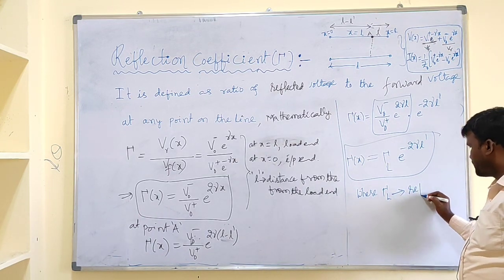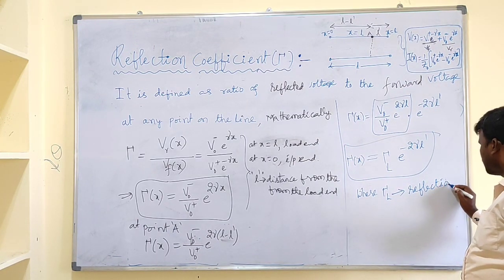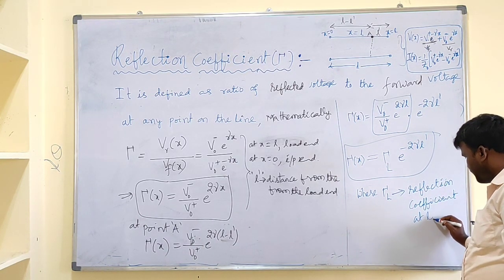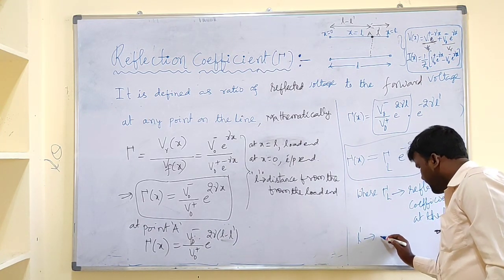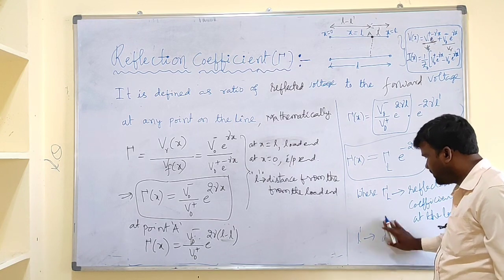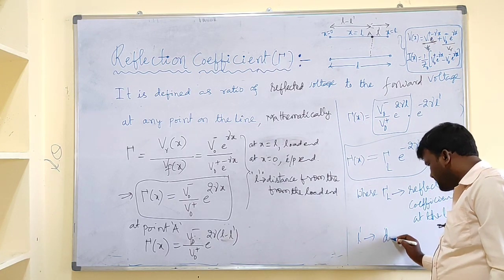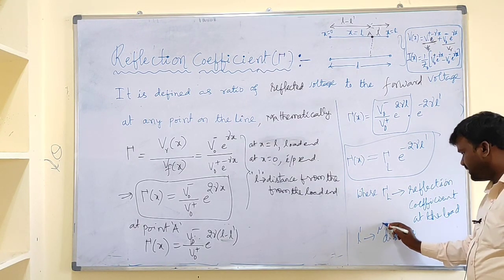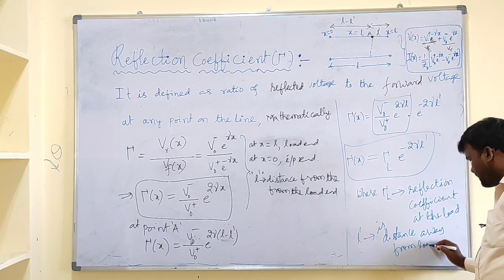And what about L dash? L dash is the location of the point, the distance away from the load end, where we want to determine the reflection coefficient.